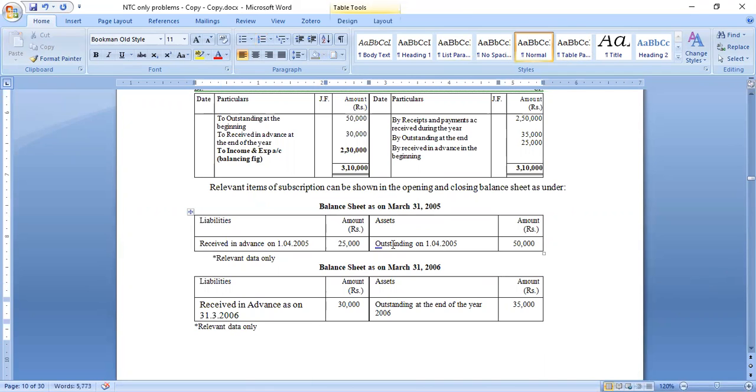So only outstanding amounts will come on the asset side and received in advance amounts will come on the liability side.